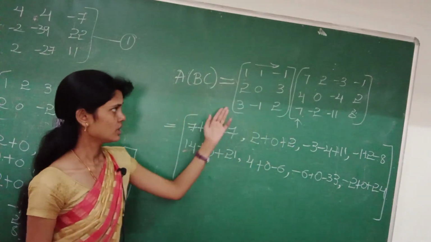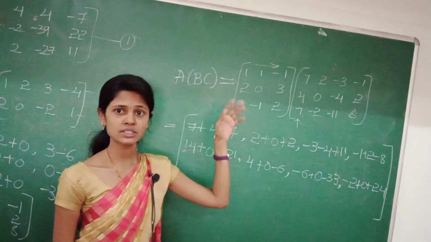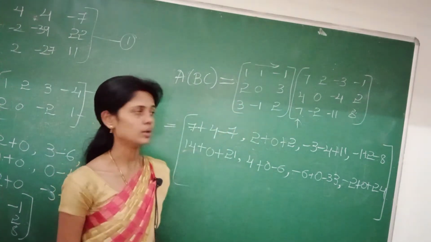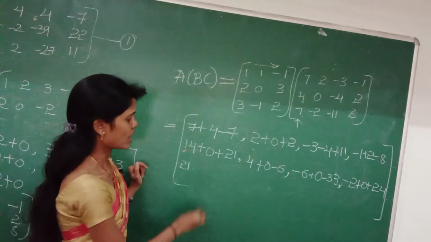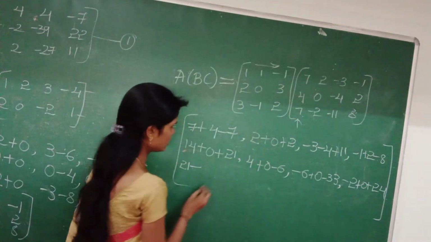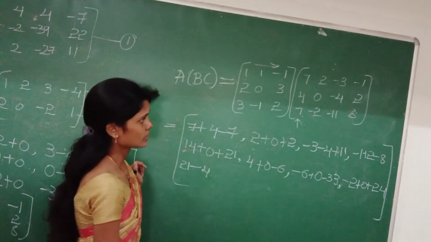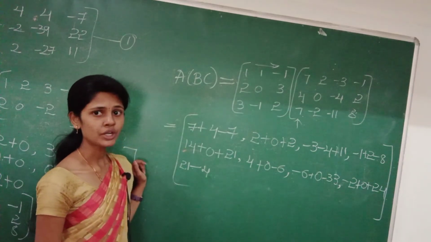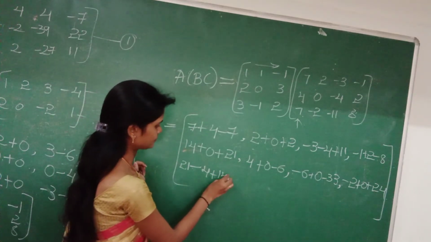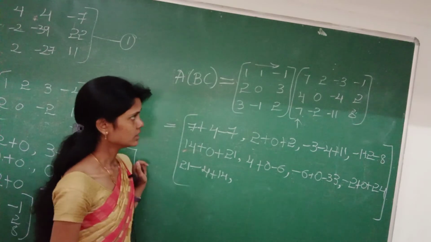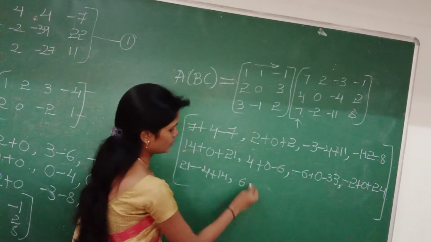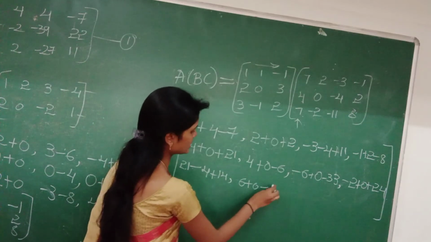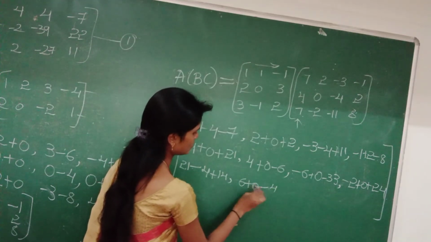Then third row into first, second, third and fourth column. So 3 into 7, 21, minus 1 into 4 it is 4, plus 2 into 7 it is 14. Then 3 into 2, 6, plus 0, minus 4.